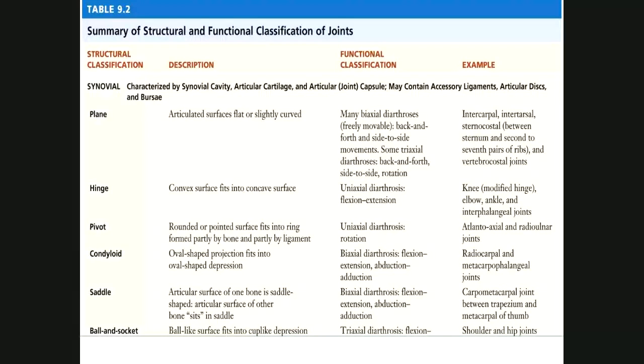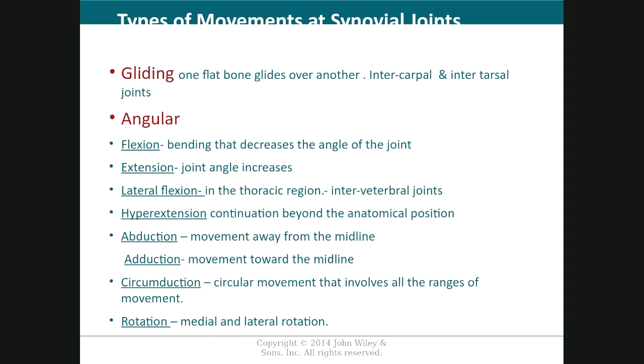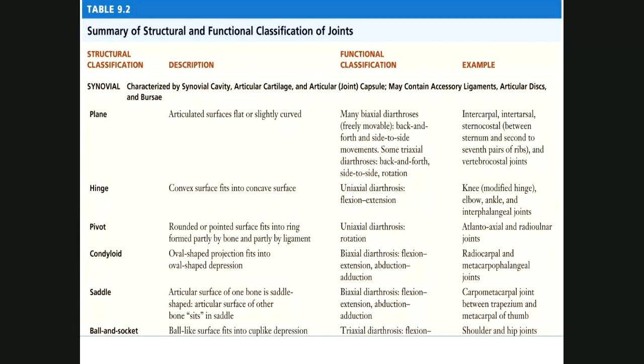So when we're looking at the classification of synovial joints, there's a structural classification and a functional classification. So let's divide these and look at these in two ways. So we're looking at the movement of the joints or the structural classification.